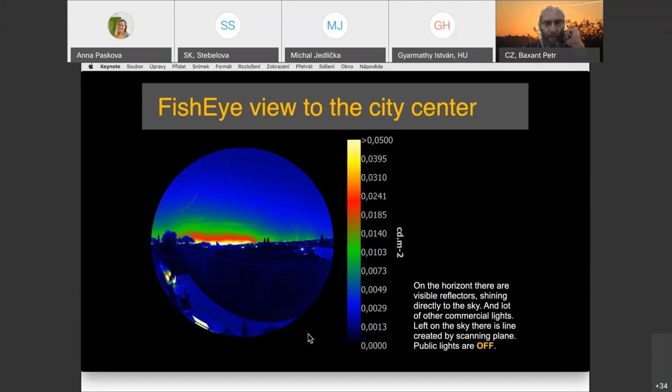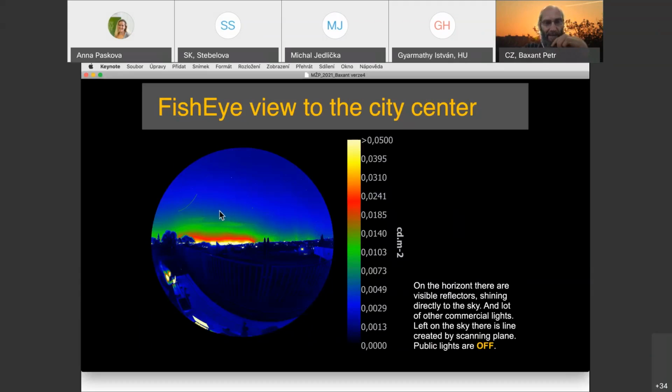During this experiment, a plane from the air also scanned the surface of Brno with a camera from the plane. And here on the image you can see the lines which were created by the plane flying during the long exposure of this picture.